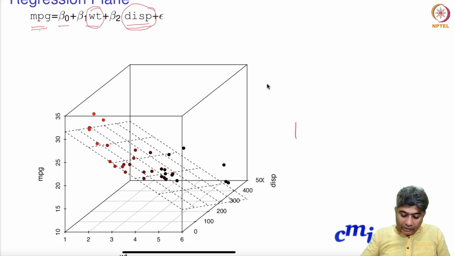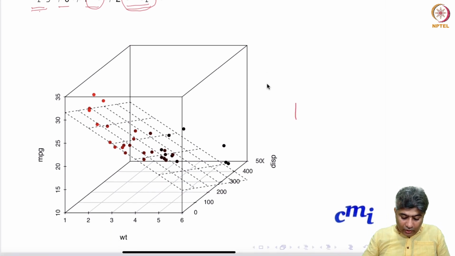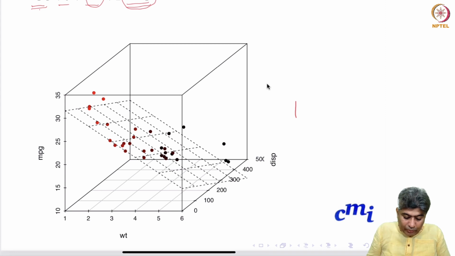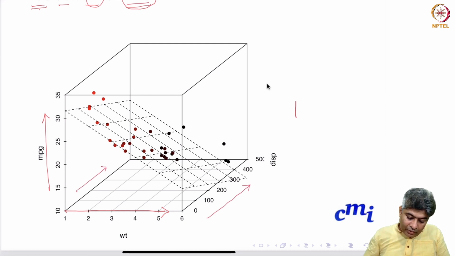If you do that, the geometry will look somewhat like this. Previously we were considering weight on the x-axis and miles per gallon on the y-axis. Now we have added a z-axis, which is displacement. A new variable is being brought in.